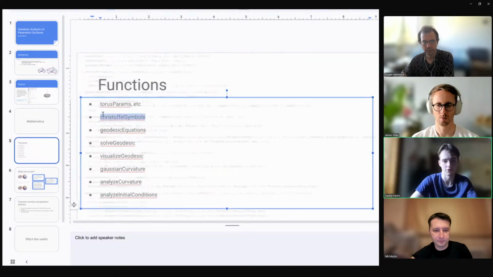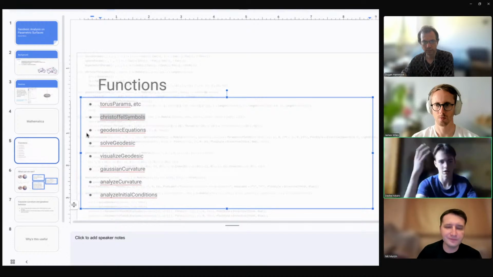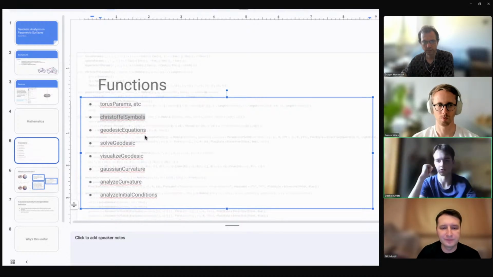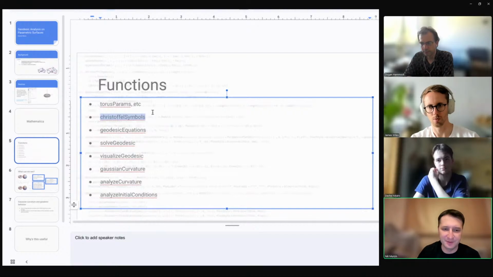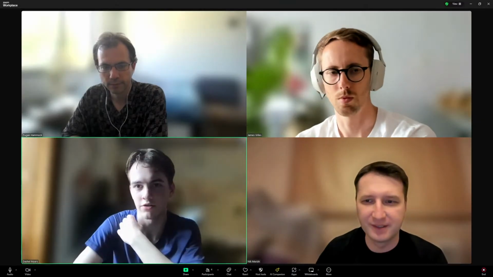This second function computes the Christoffel symbols. That essentially describes how a coordinate system is distorted. Yeah, I'll go into it.